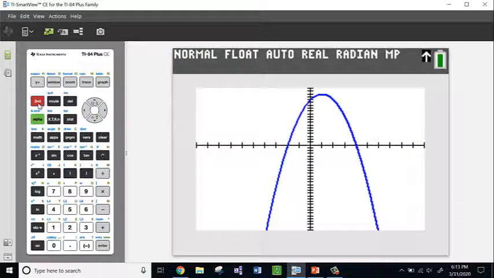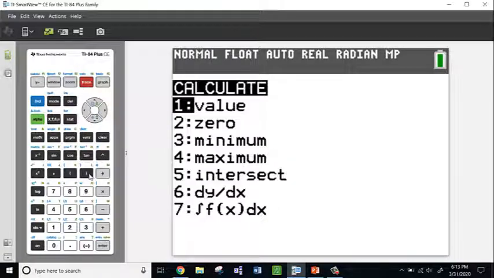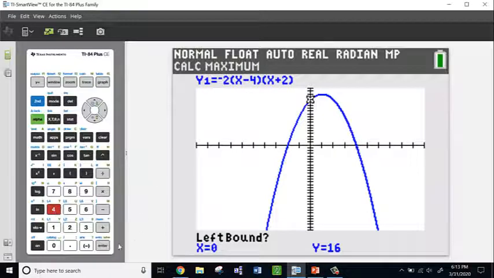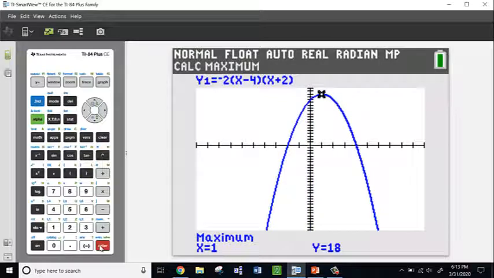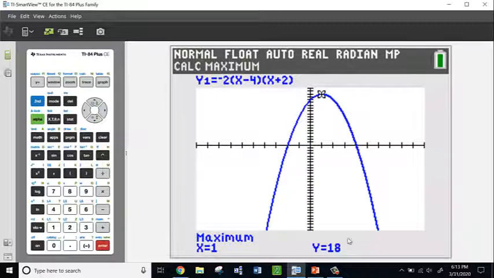So I'm going to hit second, trace, max this time, so number 4. And I'm going to go ahead and hit enter because I'm on the left side of it. Go a little bit over to the other side. And they're telling me the maximum is at 118, which means my vertex is at 118.